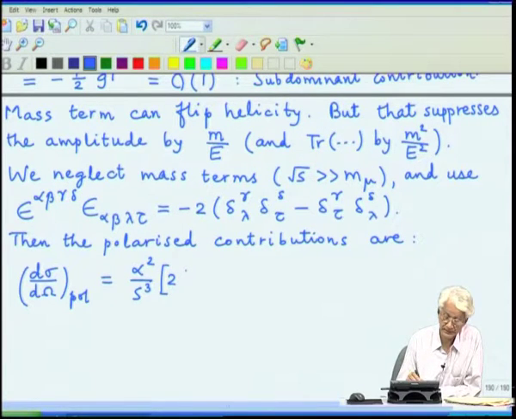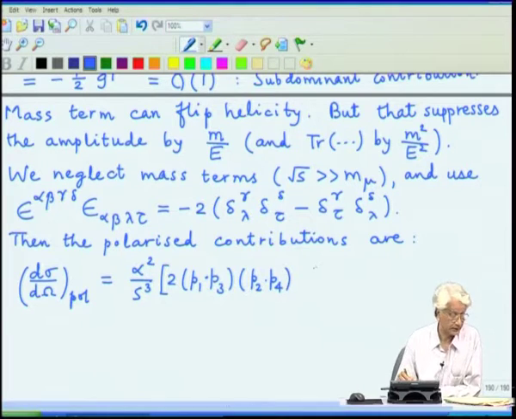So, it gives P1 dot P3 and then P2 dot P4. These are the result for the symmetric terms.